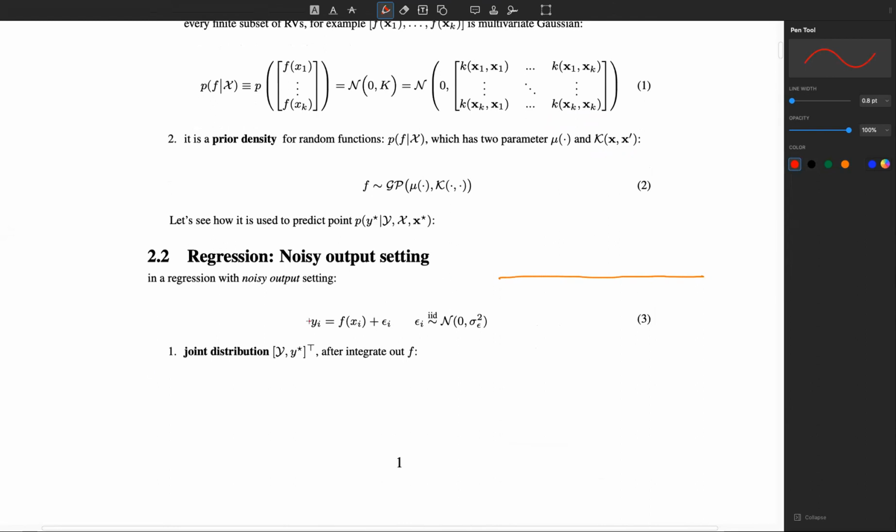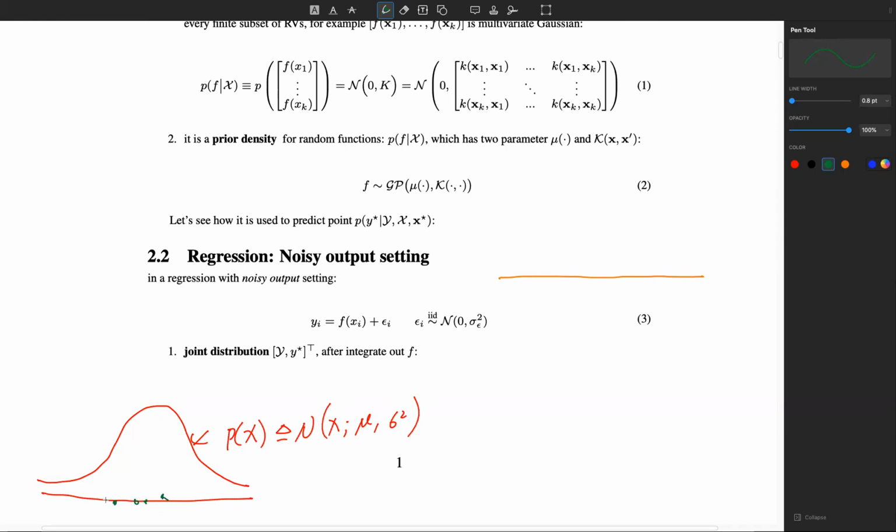So, okay, let me draw something that you are more familiar with. So this is a Gaussian distribution, right? So P of X, with some mu and some variance. And every time you draw a sample from this distribution, you are going to get, for example, this sample here and this sample here, and then you just keep on drawing.